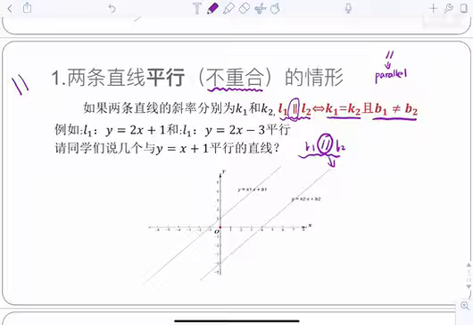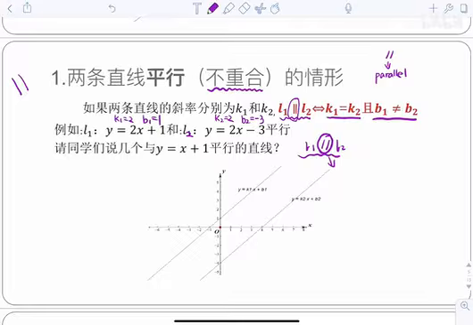So let's see the example. L1: y equal to 2x plus 1. So this means K1 equal to 2, B1 equal to 1, and this is L2. L2 is y equal to 2x minus 3. So this means K2 equal to 2, B2 equal to minus 3.